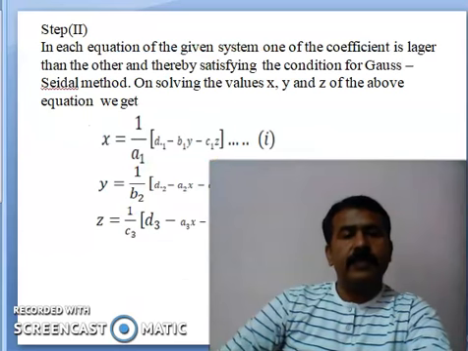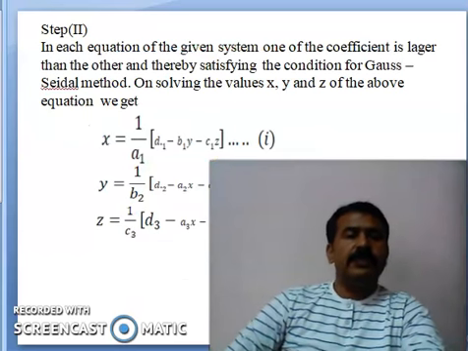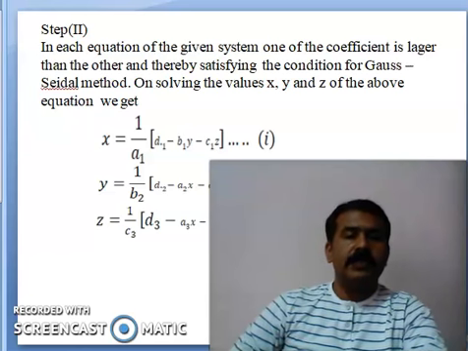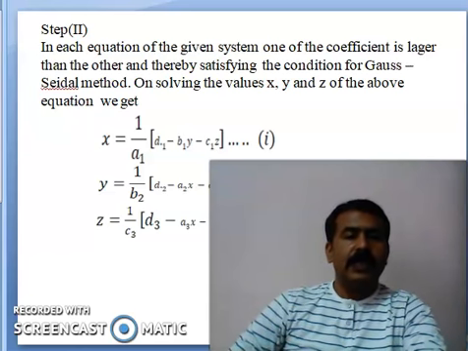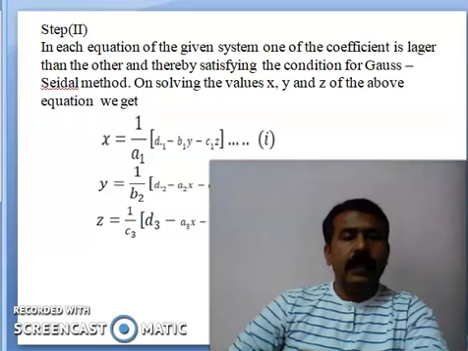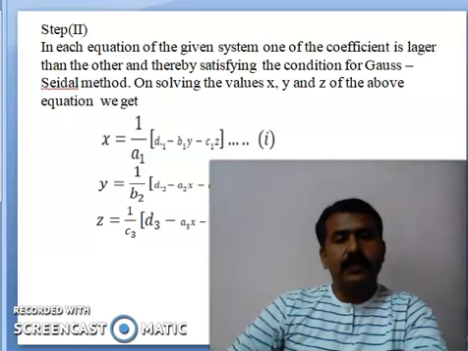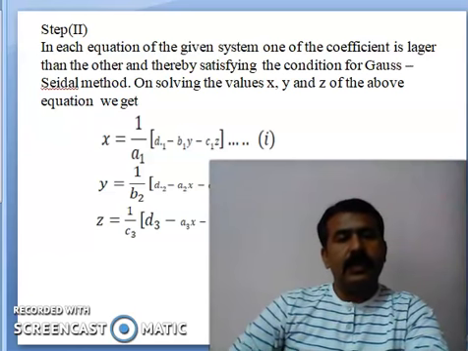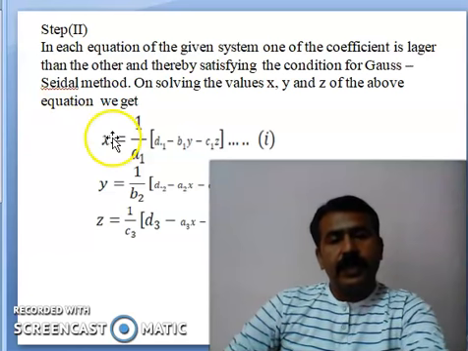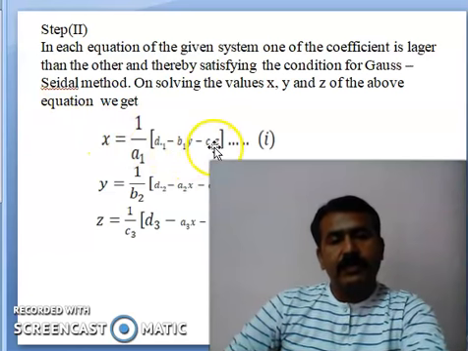Now in step 2, in each equation of the given system, one of the coefficients is larger than the others, thereby satisfying the conditions for the Gauss-Seidel method. On solving for x, y, z, we get x equal to 1 by a1 of (d1 minus b1y minus c1z).